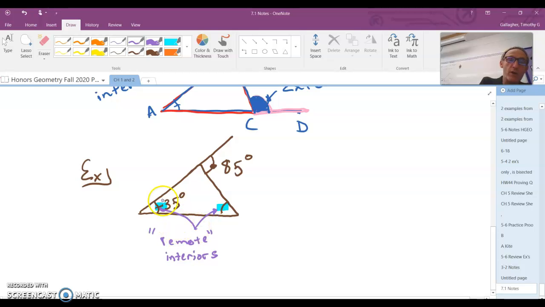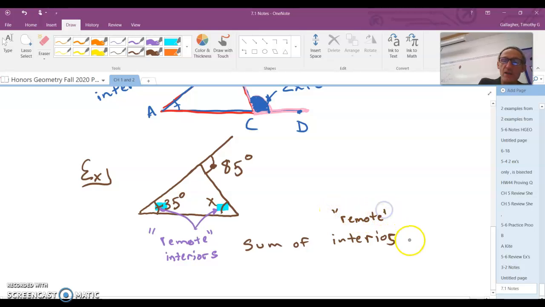So if this was X, we know that the sum of the remote interiors equals the exterior, the one outside.